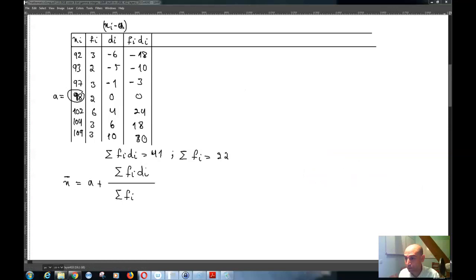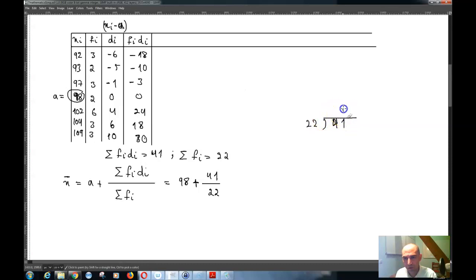So then your x bar is equal to A, which is 98, plus sigma f of I d of I, which is 41, divided by sigma f of I, which is equal to 22. So 41 by 22 is 2 point something. So 41 divided by 22.